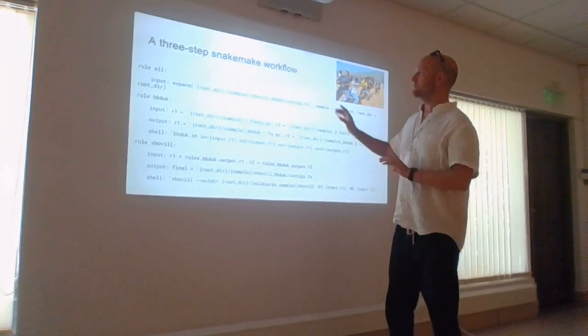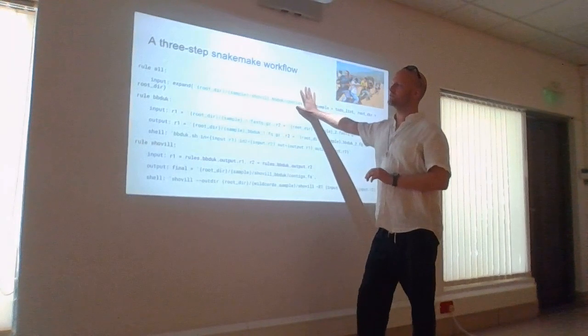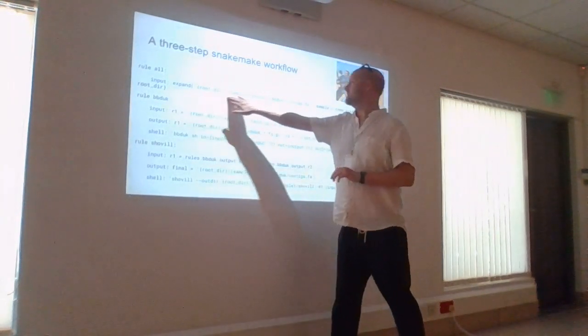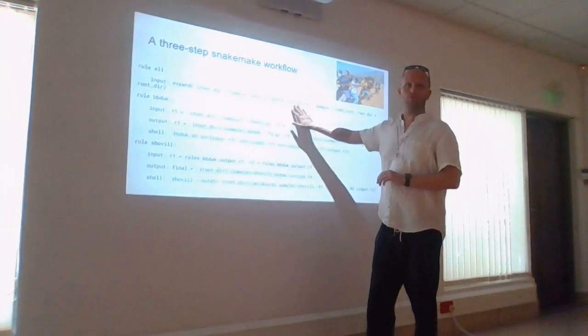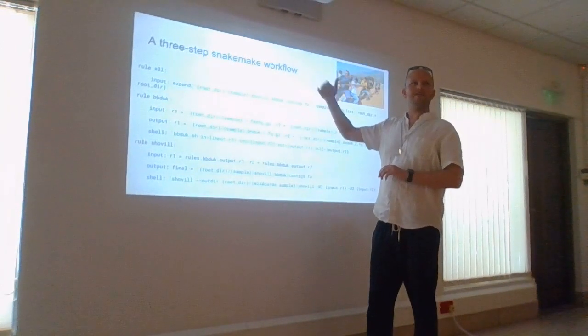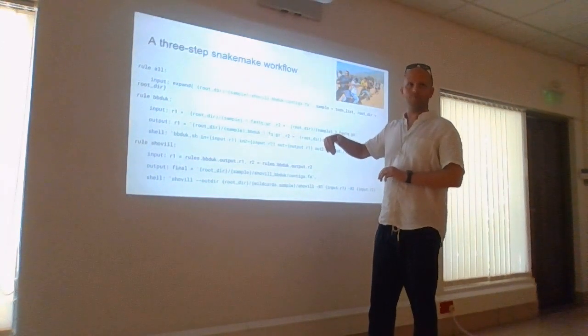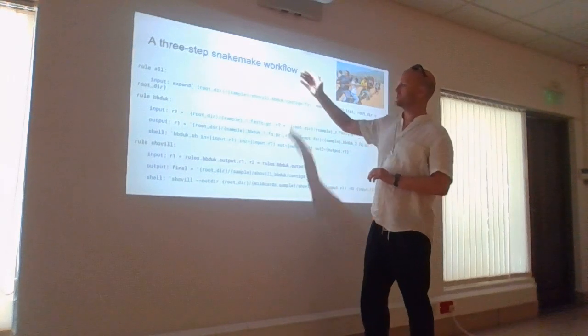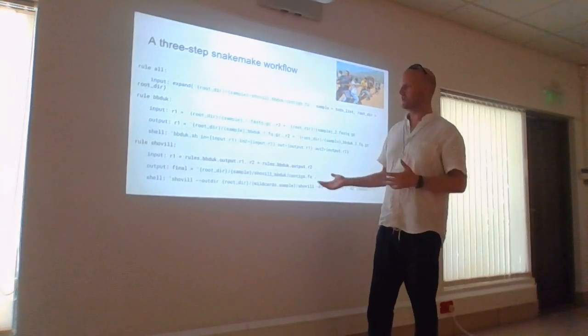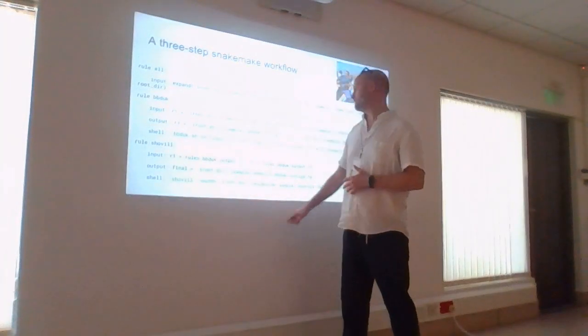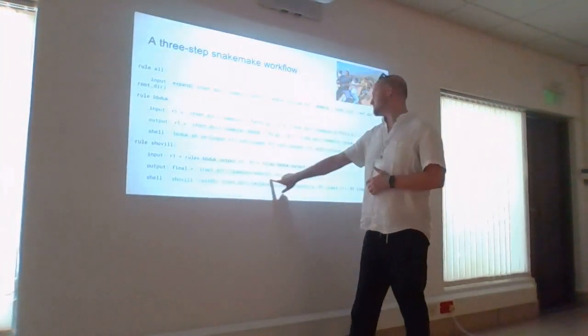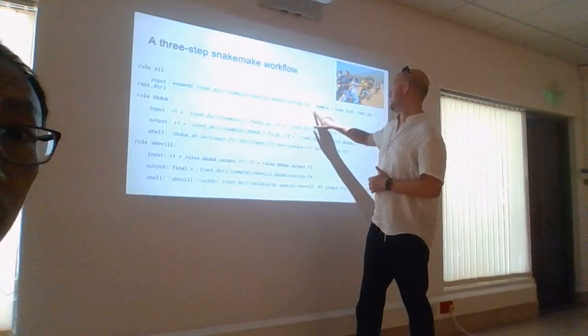Okay, so it finds this rule and it says, what I need is this file as my input for this rule. What's the process that gives me that as an output? Okay, the process that gives me that as an output is this shovel rule, because this is the same as this.